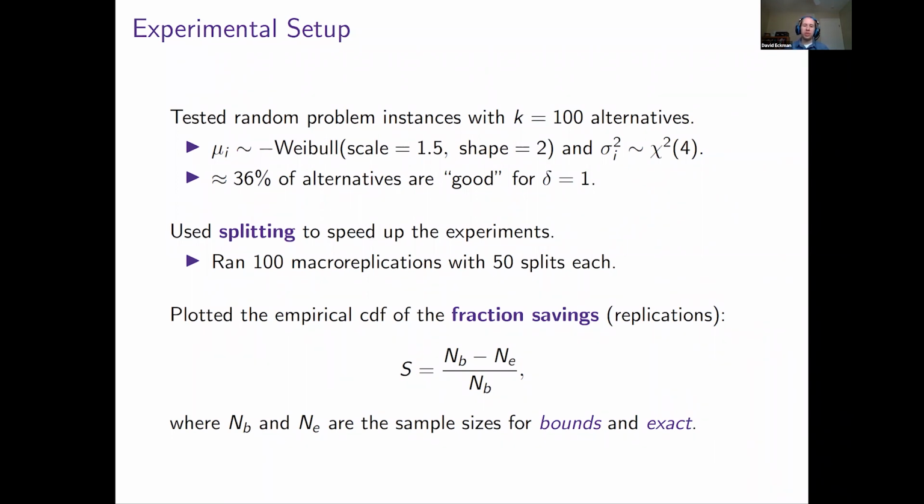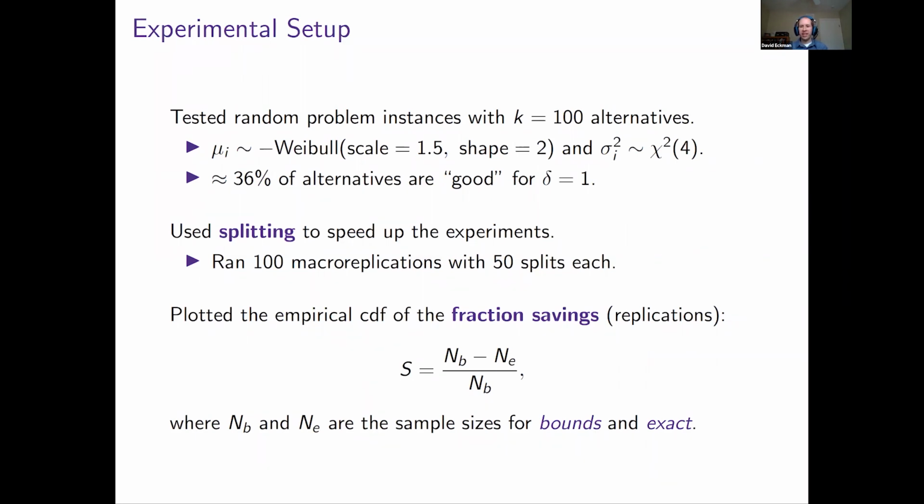So we use splitting to run these experiments, which means that since we know that exactly checking the stopping rule is going to terminate earlier, we simulate the different procedures on the same sample path. So we generate data, we mark when it would have stopped if it was using the exact quantities, and we collect the statistics, but then we continue taking samples until it would stop when having checked the bound.